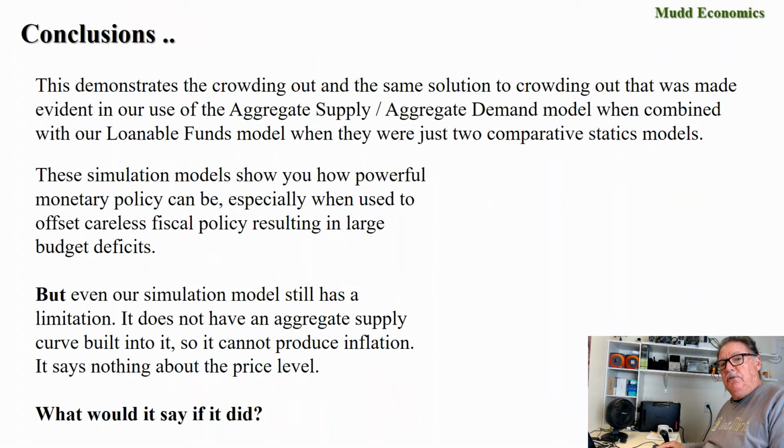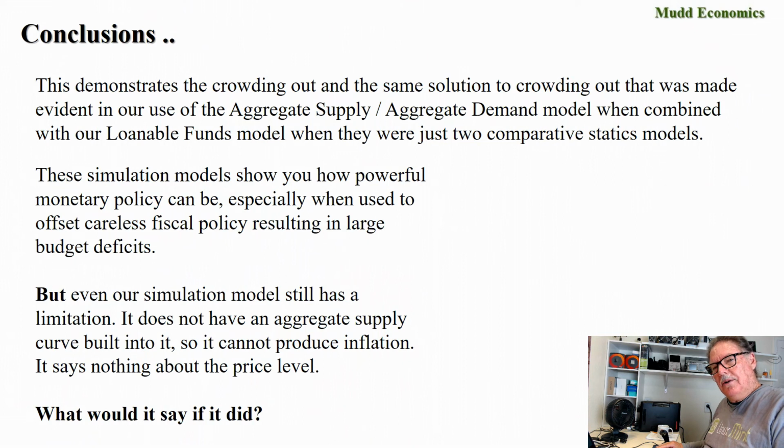We were running a budget deficit in the fiscal year 2020 of more than $1 trillion. We had high credit supply growth rates because the Federal Reserve was running effectively a very expansionary policy, pushing the structure of interest rates at the low end down close to 2%, and the entire yield spectrum of interest rates down low. But our simulation model still has a limitation.